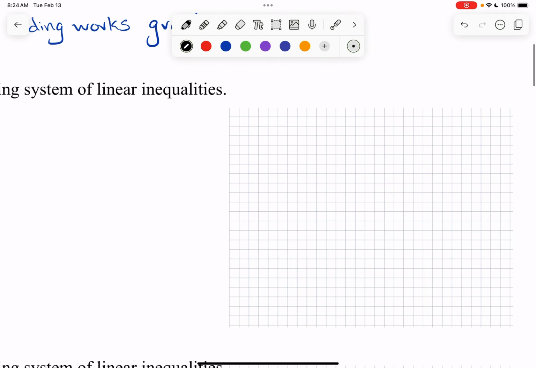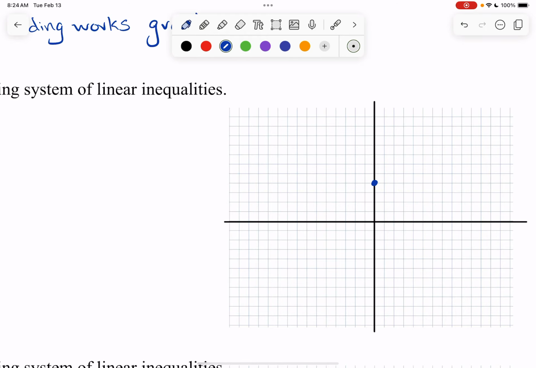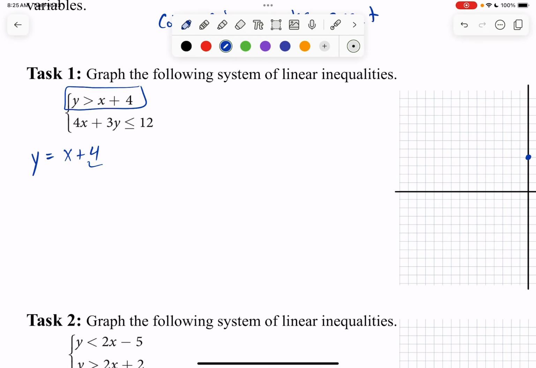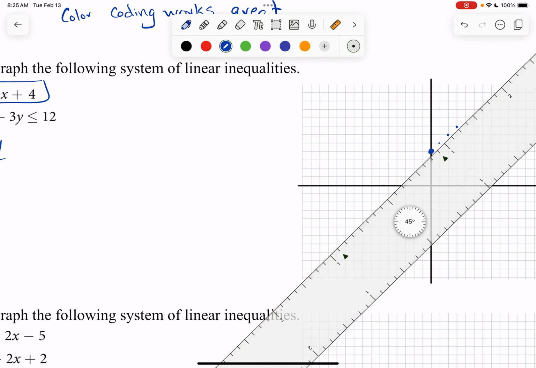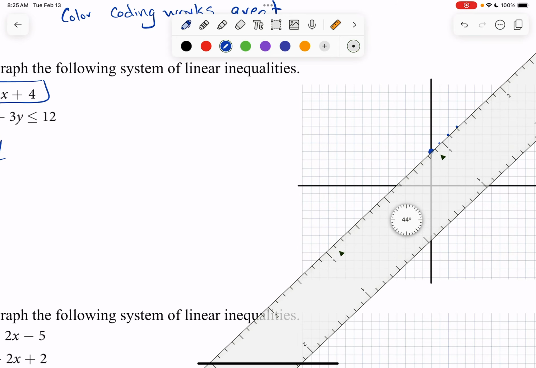Let's graph it. It's going to have a y-intercept of 4, which is right there, and a slope of 1, because there's 1x there. So 1 over 1: up 1 over 1, up 1 over 1, up 1 over 1. I'm going to grab my ruler to draw it. Like that.